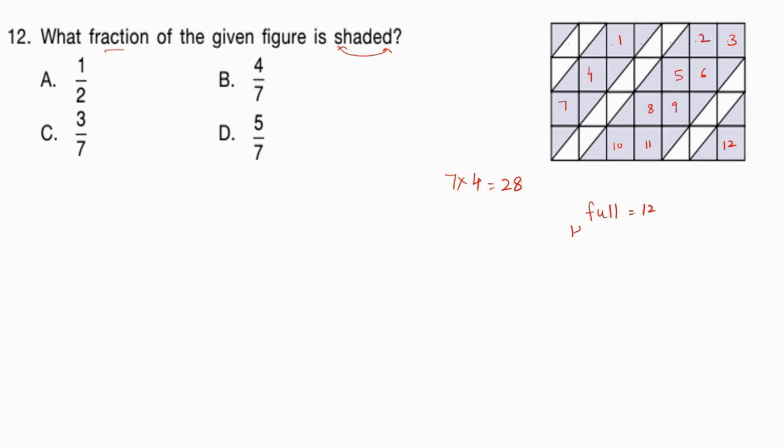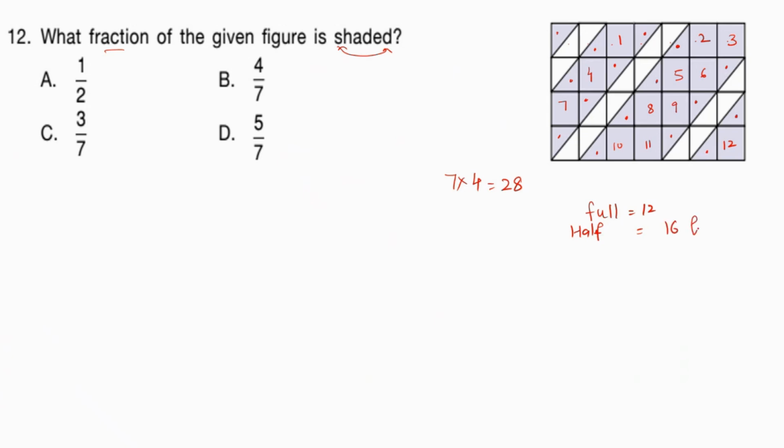Now I'm talking about how many half squares there are. 1, 2, 3, 4, 5, 6, 7, 8, 9, 10, 11, 12, 13, 14, 15, 16.